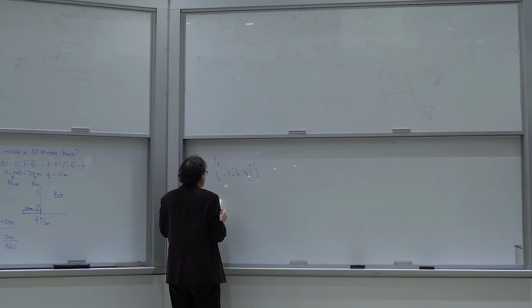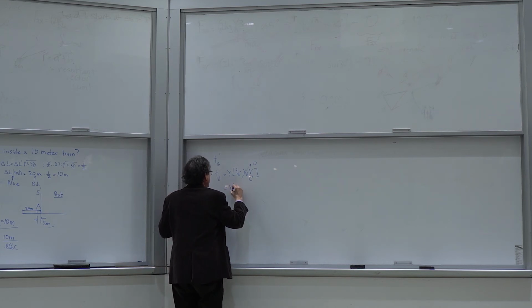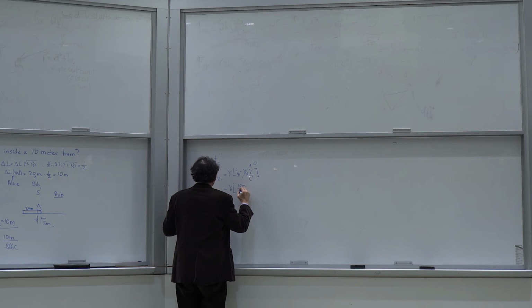We also know the time that it took in Alice's frame for the rod to reach the other end of the barn was 10 meters divided by 0.866 times c.